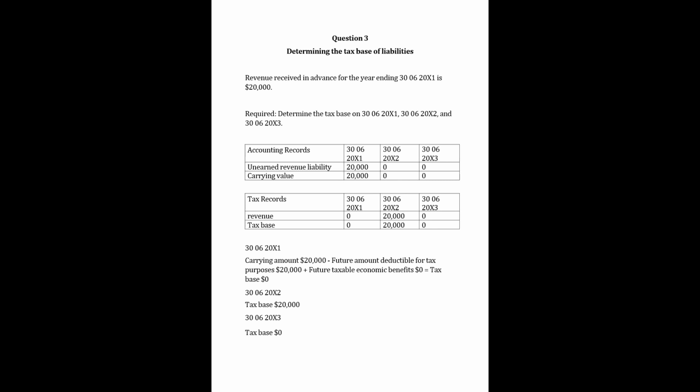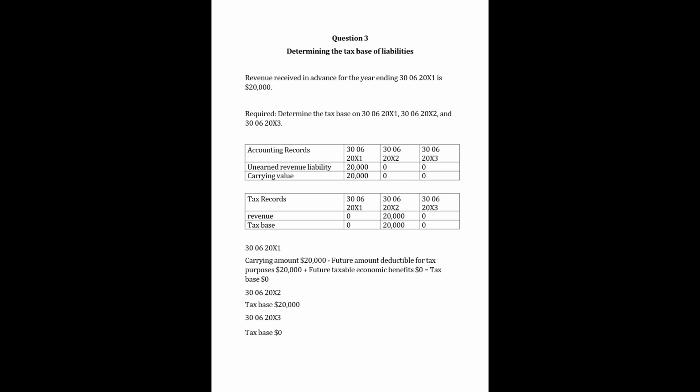But in 20x2, that unearned revenue becomes earned revenue. There's cash inflow, and that revenue becomes cash inflow. The tax base for 20x2 is 20,000. And in 20x3, there's no effect.